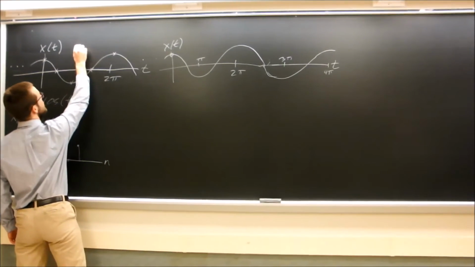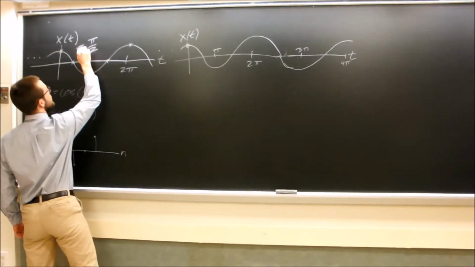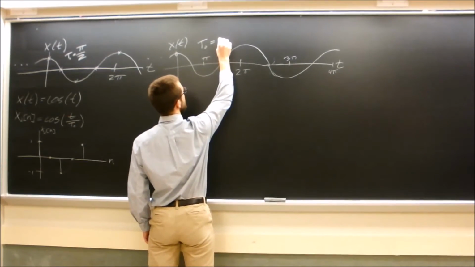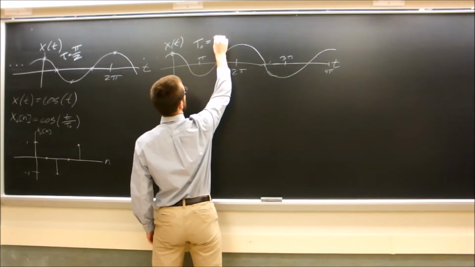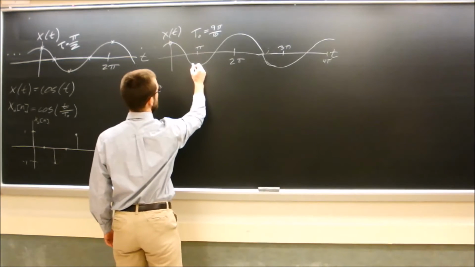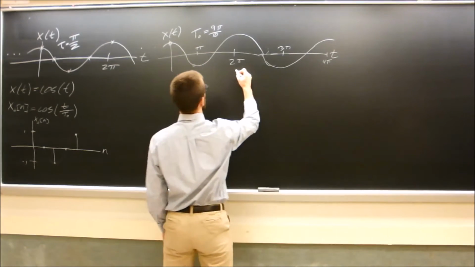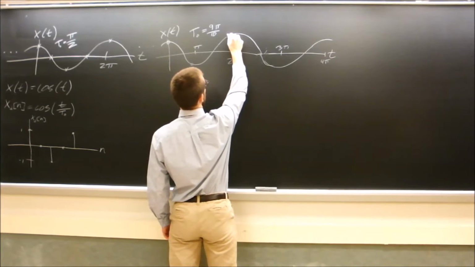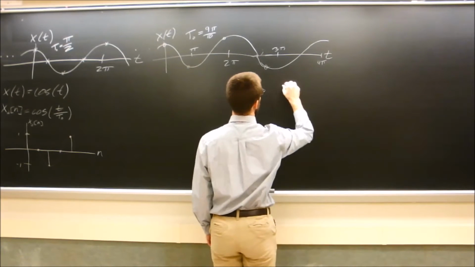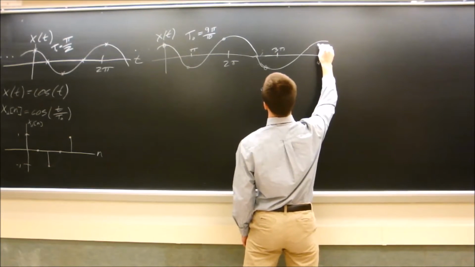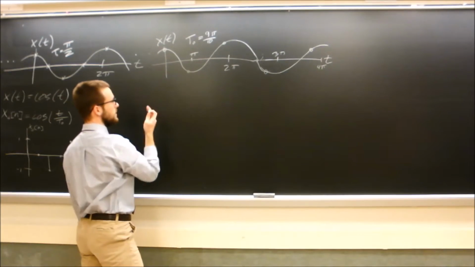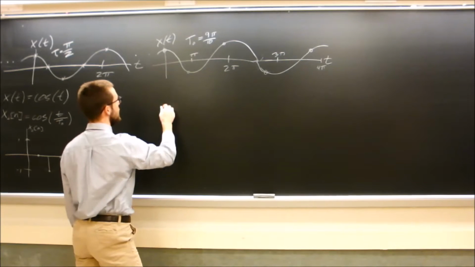Instead of sampling as we did with pi over 2, now we're going to use a sampling period of 9 pi over 10. That will be at 0, at 9 pi over 10, at 18 pi over 10, which is a little bit below 2 pi. Continuing on, grabbing these samples at progressively a little bit farther behind multiples of pi.